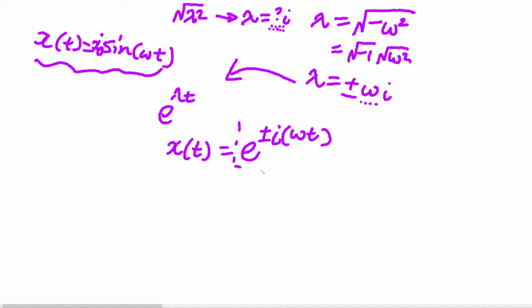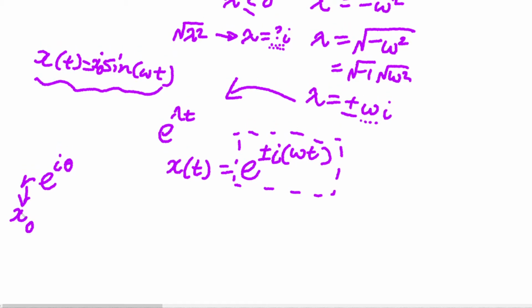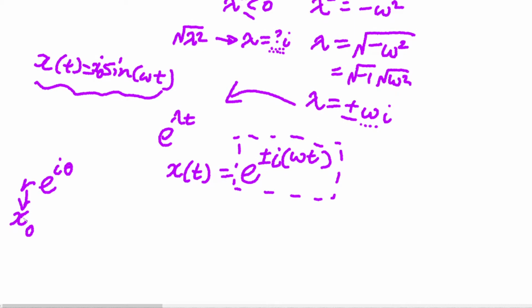So here we have a complex number, because complex numbers usually take the form e to the i theta, or r e to the i theta. And in this case, we interpret r as being x0. I know that I haven't done this method its mathematically rigorous justice, but I'm just going to tell you that x0 is basically what we get out of this.